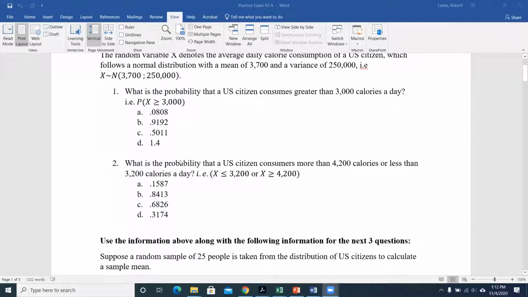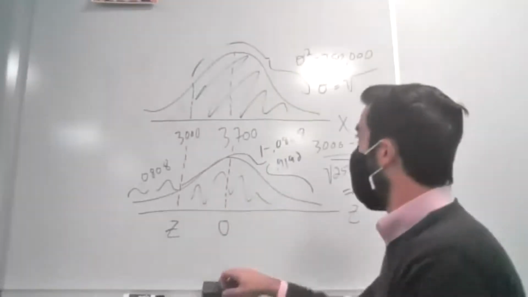So what's the probability that a US consumer consumes more than 4,200 or less than 3,200 calories, okay? So less than 3,200, or greater than 4,200. So what's the area that we're looking at here?